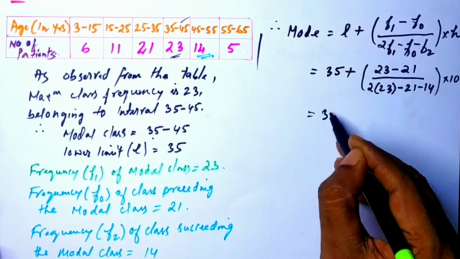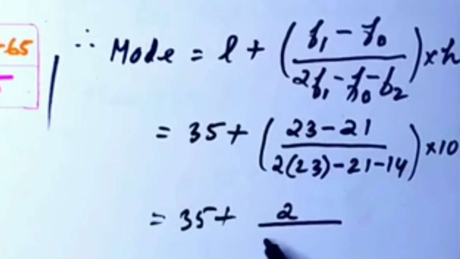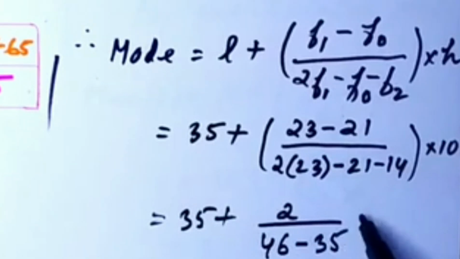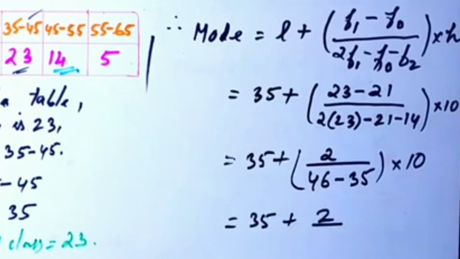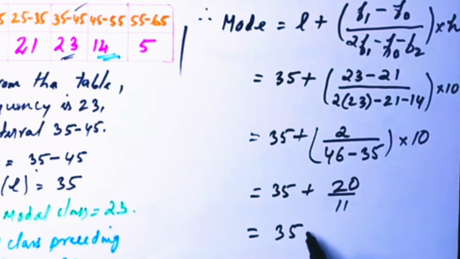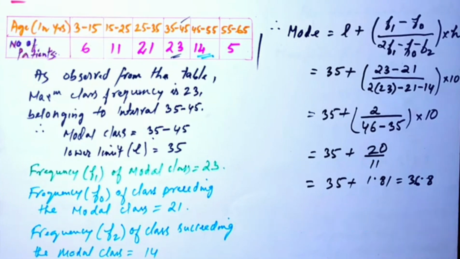So we get 23 minus 21 is 2, divided by (46 minus 35) within brackets, into 10, which is equal to 35 plus 20 by 11, which is equal to 35 plus 1.81 after dividing, which we get as 36.8 approximately. So therefore mode is 36.8. It represents that the age of the maximum number of patients admitted in the hospital was 36.8 years.